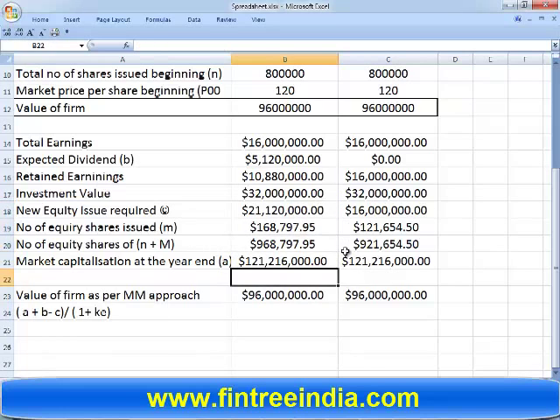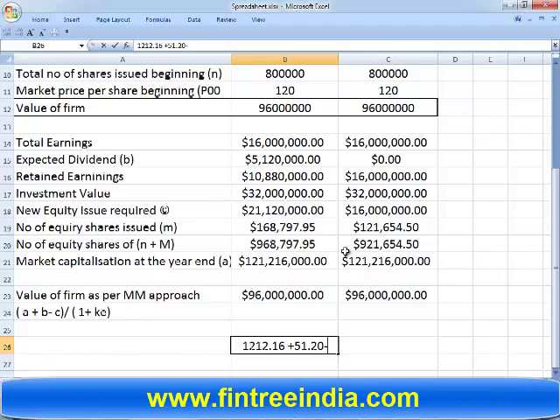Okay, so this is 121 million, which is 12.16 lakhs. So see how you can do this: 1212.16 plus dividend, कितना था हमारा? This is 5.12. That means 51 lakhs 20,000. So 51.20 minus, नया इक्विटी कितना रेस किया है? 2112.